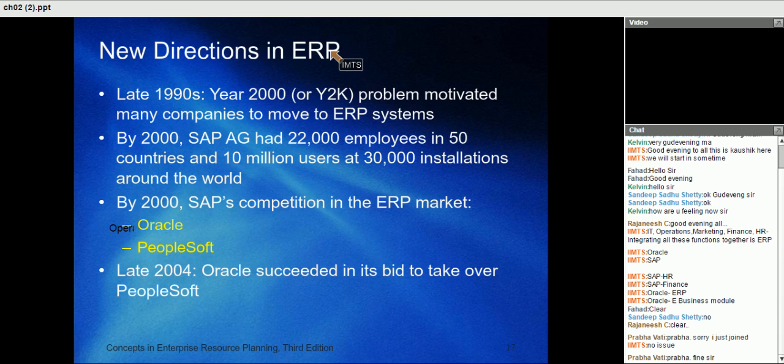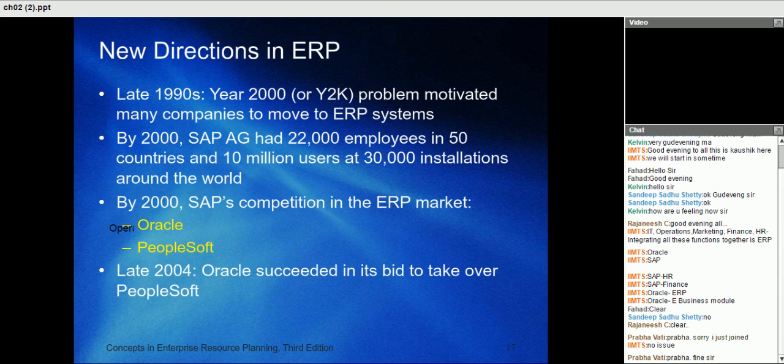ERP has evolved. From the late 1990s, we come to the year 2000. By 2000, SAP AG had 22,000 employees in 50 countries, 10 million users, and 30,000 installations around the world. SAP's competition in the ERP market was Oracle and PeopleSoft. In late 2004, Oracle succeeded in its bid to take over PeopleSoft.